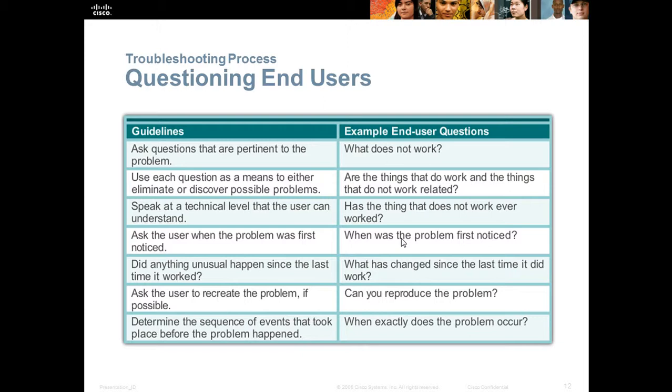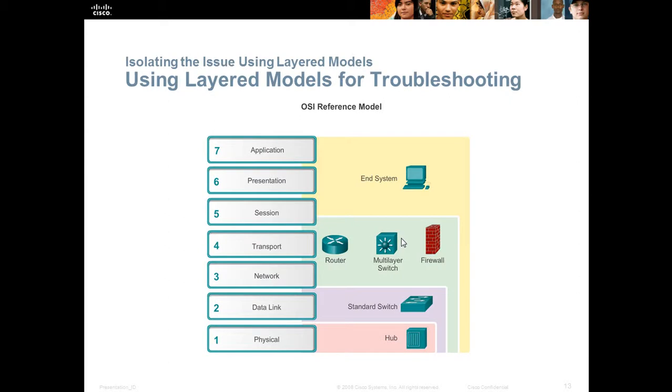Use each question as a means to either eliminate or discover the possible problems. Speak at a technical level that the user can understand. Ask the user when the problem was first noticed. Did anything unusual happen since the last time it worked? Ask the user to recreate the problem if possible. Determine the sequence of events that took place before the problem happened.